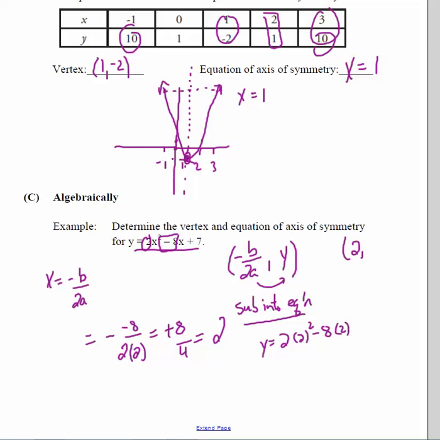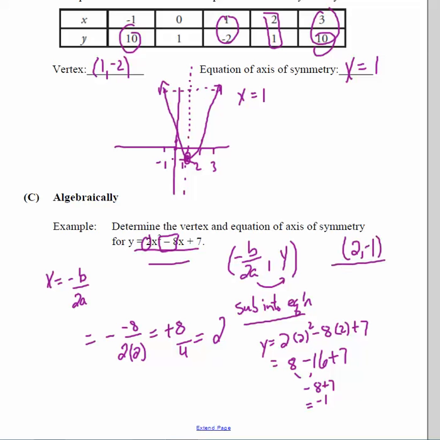Everywhere we see an x up here, we're going to put in a 2. 2 squared is 4, times 2 is 8. 8 times 2 is 16, plus 7. 8 subtract 16 is negative 8, plus 7. So you get negative 1. Now we find that our y value is negative 1.